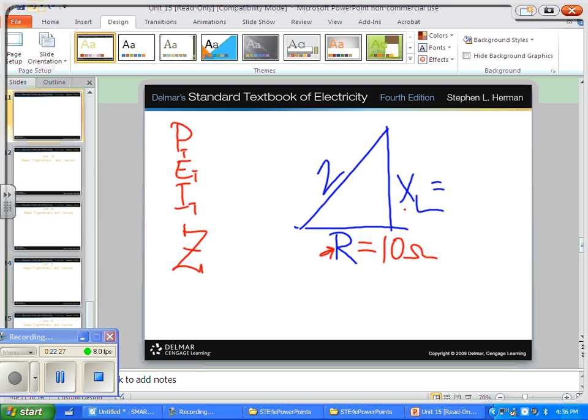Now let's say that we have a 120 volt supply or motor, and if our total impedance was 15 ohms, what current would we see? 120 divided by 15 is what? Right.